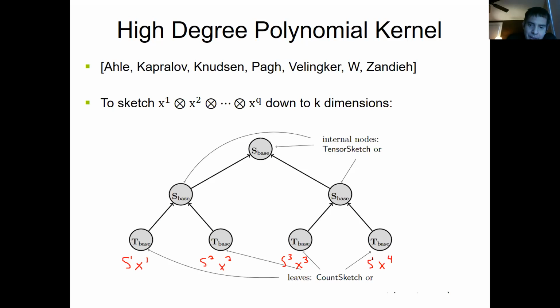But instead of doing tensor sketch in one shot, I'm going to combine two modes with a q equals 2 tensor sketch, and over here, combine two modes with a q equals 2 tensor sketch. Then I take those outputs and combine them with a q equals 2 tensor sketch. By doing this in a binary tree-like fashion, you're able to actually reduce the variance. Now we can get a sketching dimension which is polynomial in q, and therefore much more suitable for the Gaussian kernel.